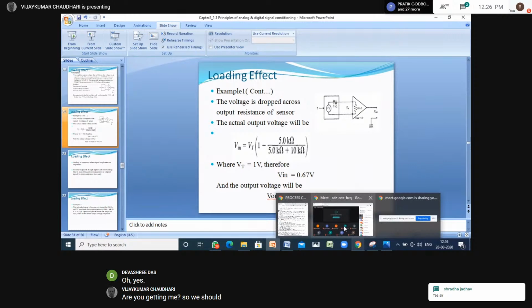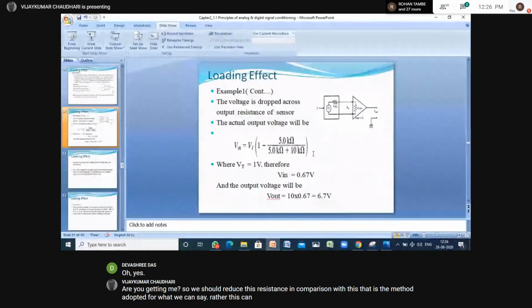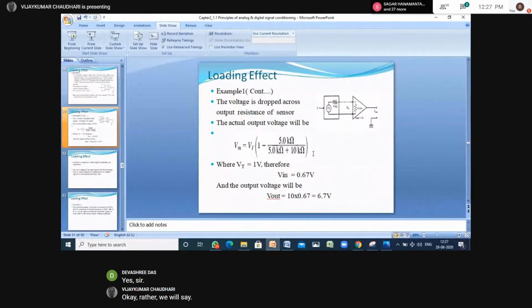So what I was asking was, is the concept of loading, you understood it? Yes, sir. Any other answer? Please unmute and answer, please. The earlier stage is loading the next stage. Okay. So what should I assume then? Okay, let's continue.